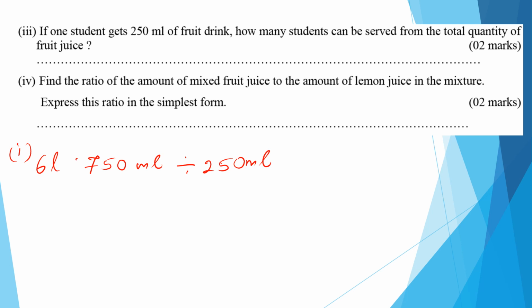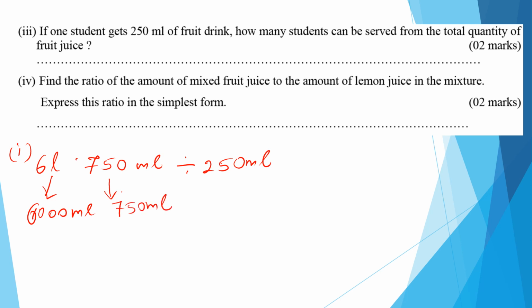For that we have to turn all these things into milliliters, otherwise we can't do the division. So 6 liters means 6000 milliliters, and this is 750 milliliters.